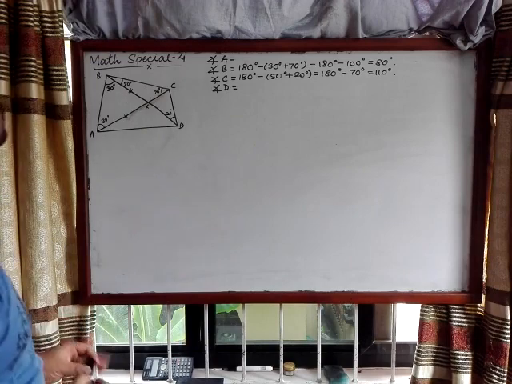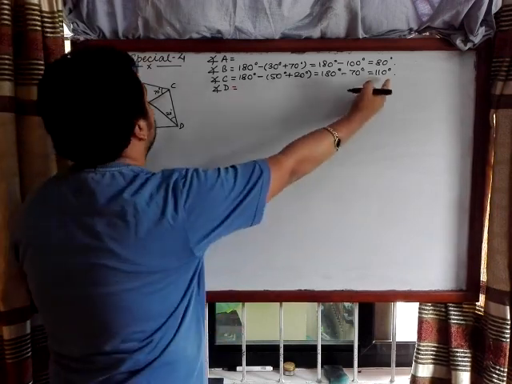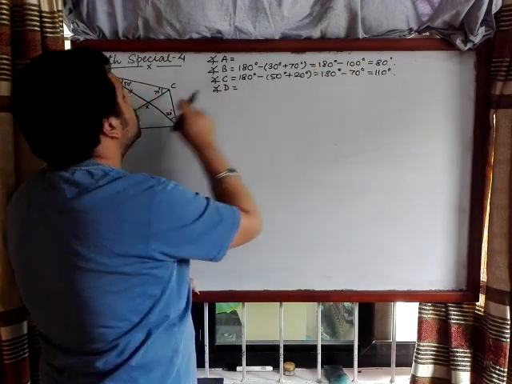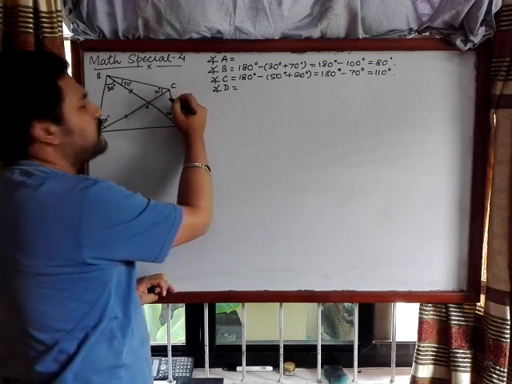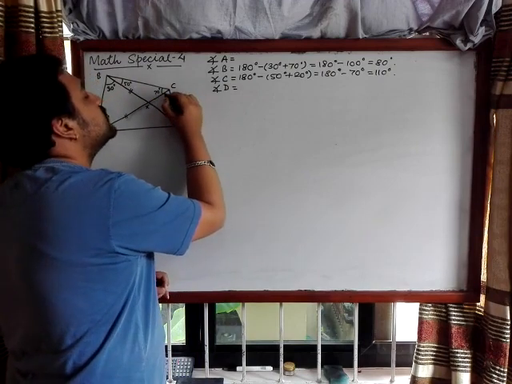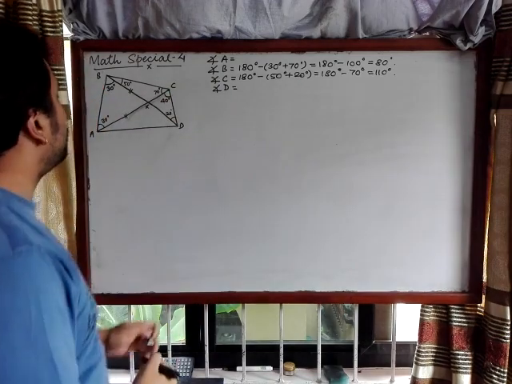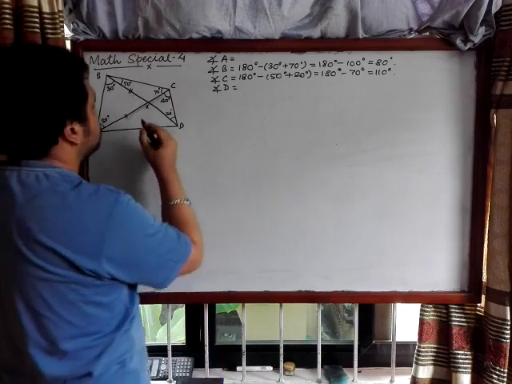Next, angle C is equal to 110 degrees. Since this is 70 degrees and the entire angle is 110 degrees, this angle should be 40 degrees.